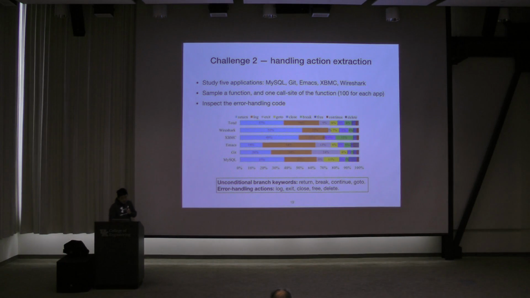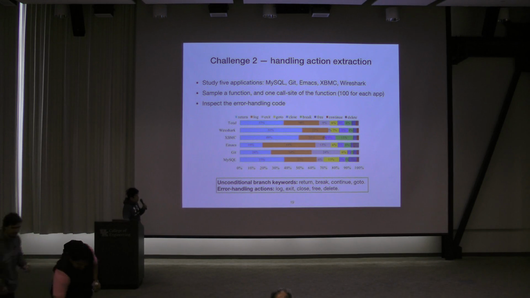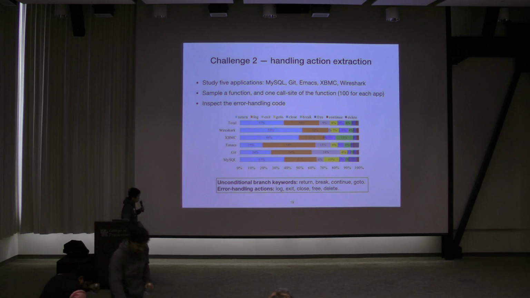To achieve this, we study how developers handle errors in real-world applications. In each application, we sample a function and one caller of that function. Then we manually inspect its error handling code. We find the handling code can be generally classified into 2 types. One is to use unconditional branch keywords like return, break, continue, or goto.